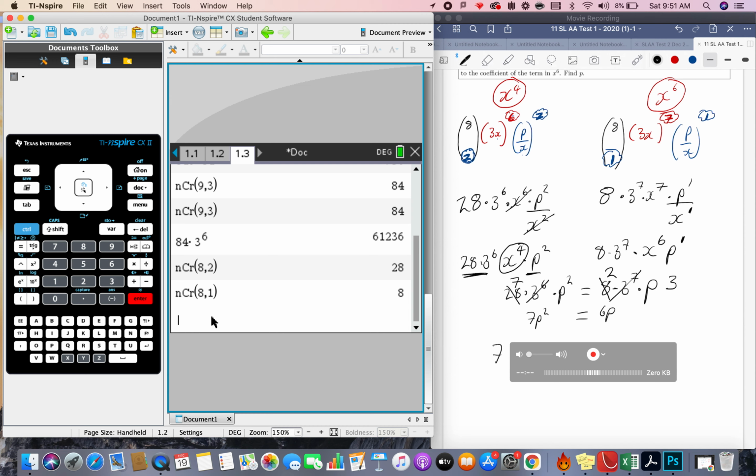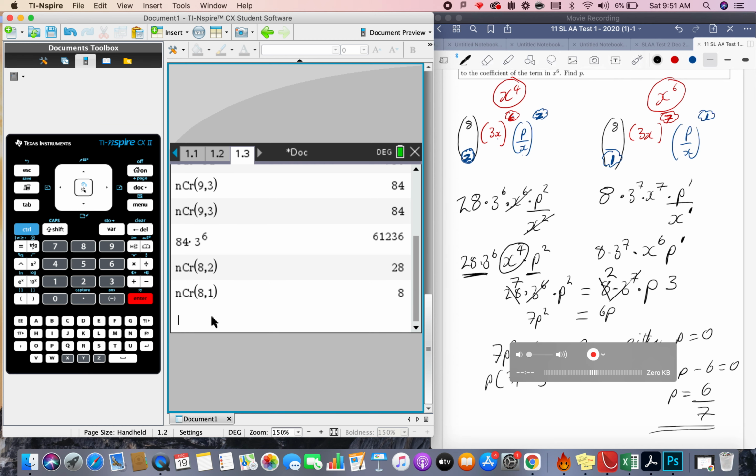Just bring to one side, 7p squared minus 6p equals 0. Factor out the p. This is p times 7p minus 6. So we have either p equals 0 or 7p minus 6 equals 0, so therefore p equals 6/7.